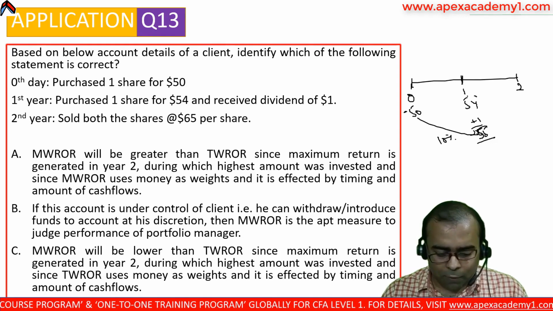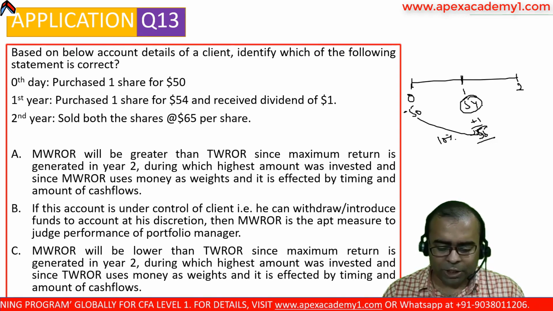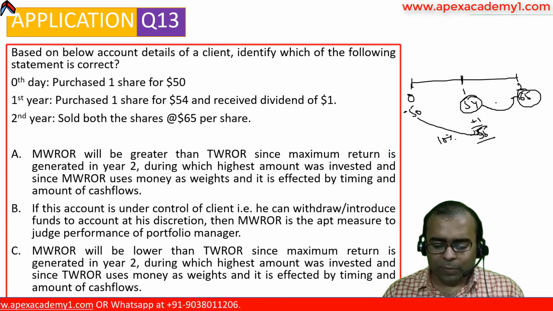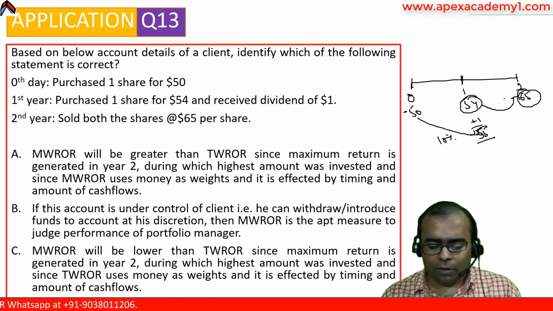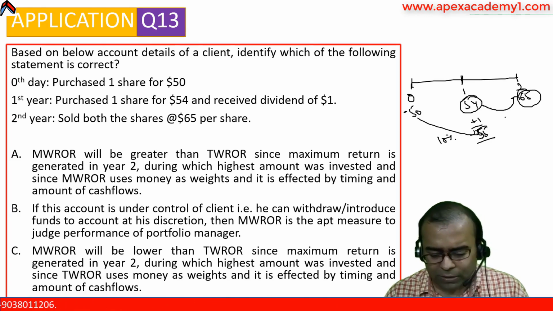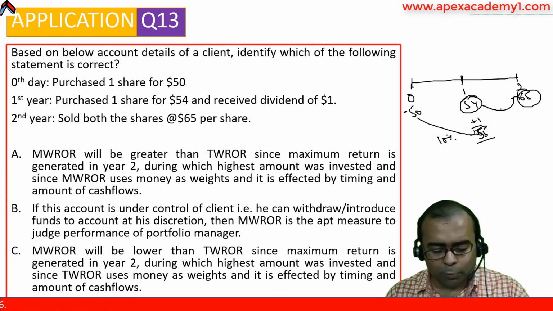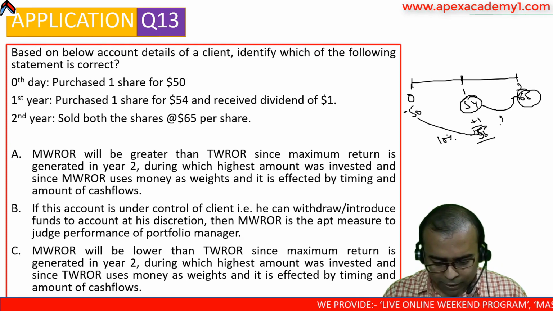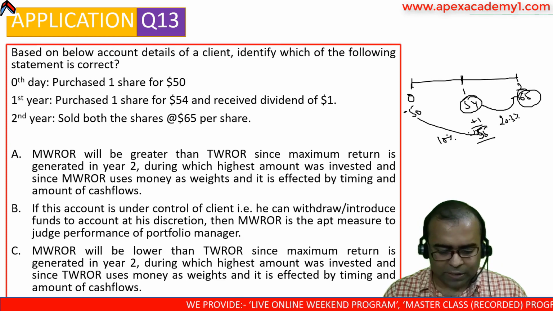Now from $54, the share price jumped to $65, an increment of $11, which means a much greater rate of return. 11 divided by 54 offers a return of 20.3%, which is greater than 10%.